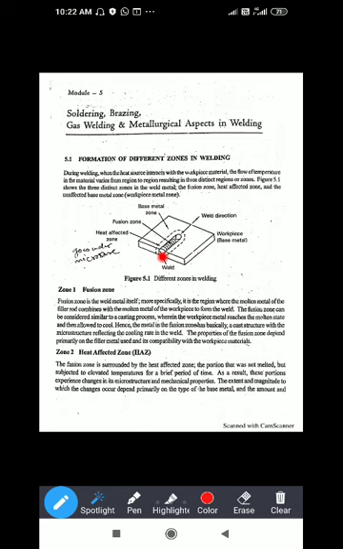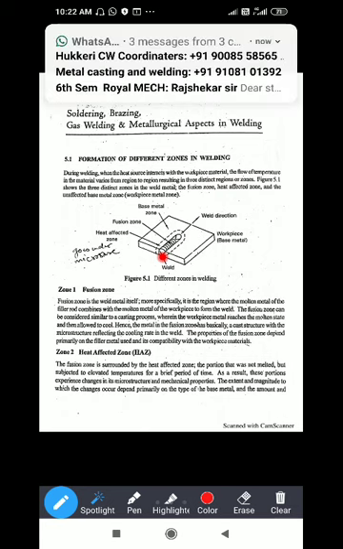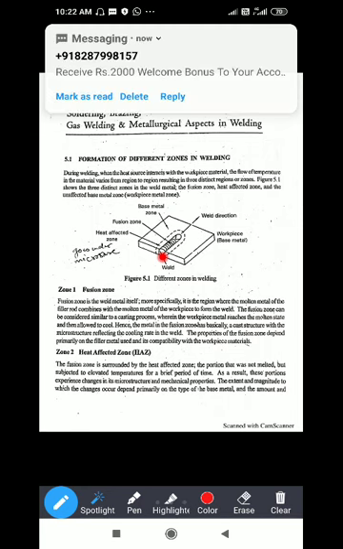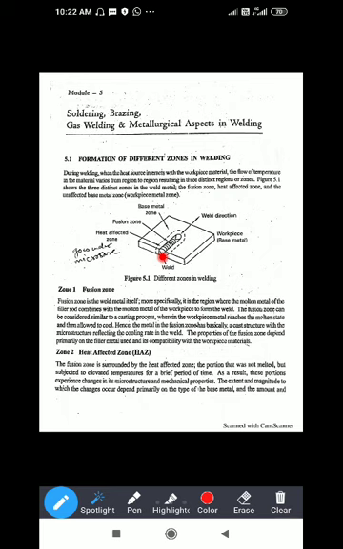The temperature of the fusion zone is not there in the heat affected zone, but some of the heat is released there. Due to that, some of the microstructure changes. If the microstructure changes, obviously the mechanical property of that particular area of the workpiece will also change.